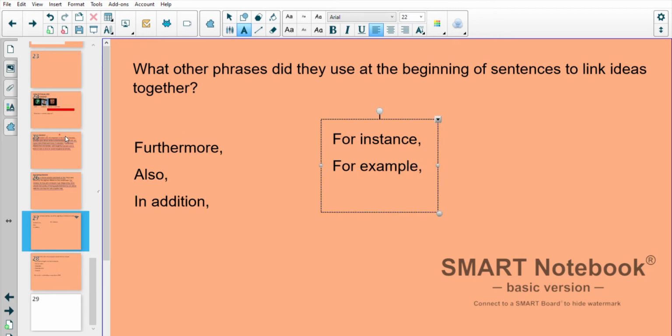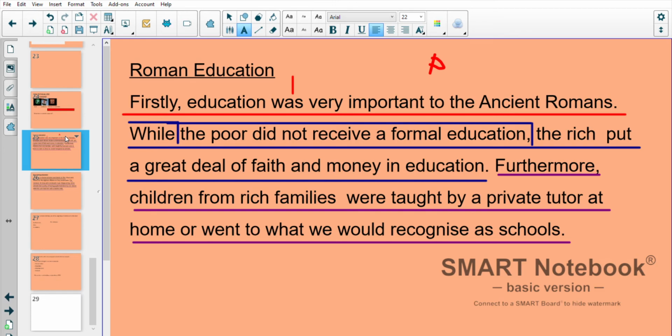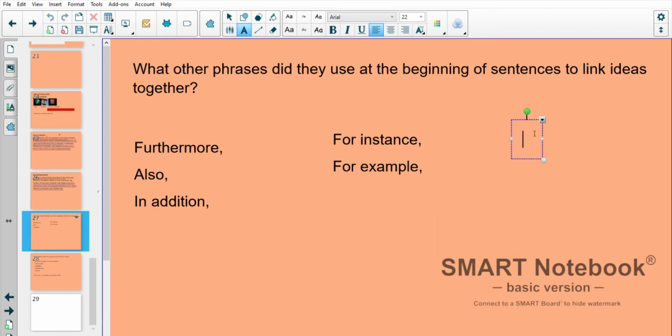Let's just have a little look, see if I use any more. Yeah, I've got one here. Firstly, it's about time. So we could have firstly, we could have secondly. Or I could put finally. If you're making a final point, that's how you would do it.